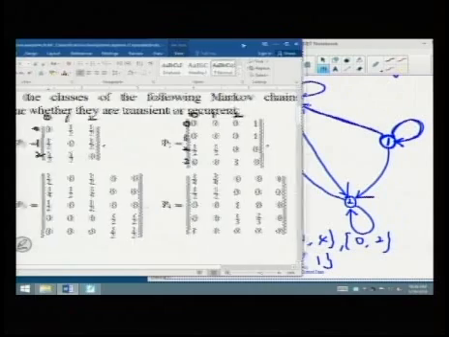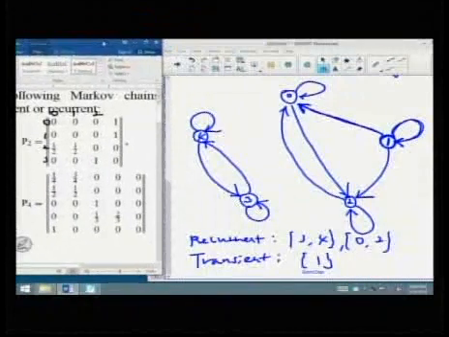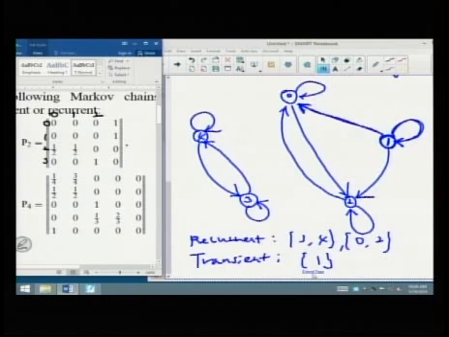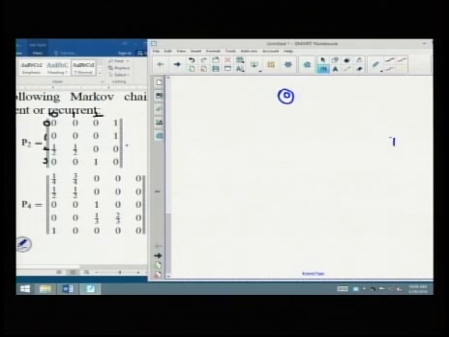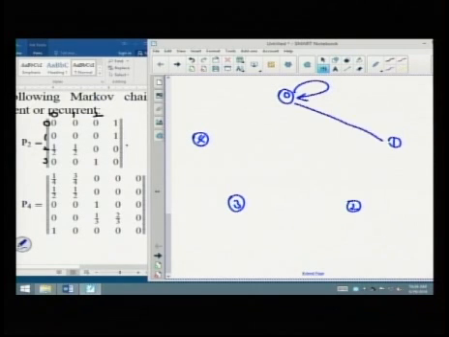Okay, now let's move on to the last case. Again, we have 5 different states. So let's go with 0, 1, 2, 3, and 4. So 0 to 0, there is a transition, 0 to 1, 1 to 0, and 1 to 1, right?